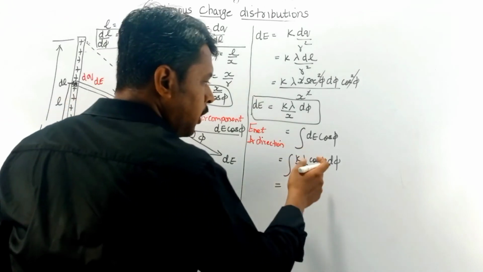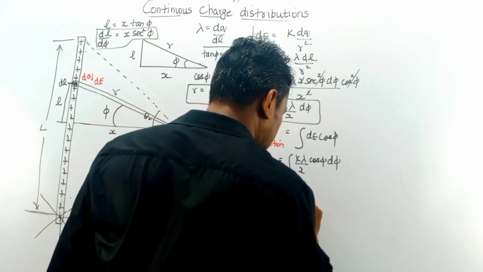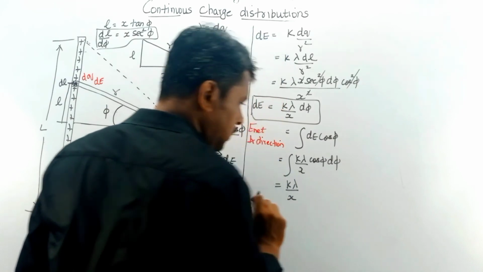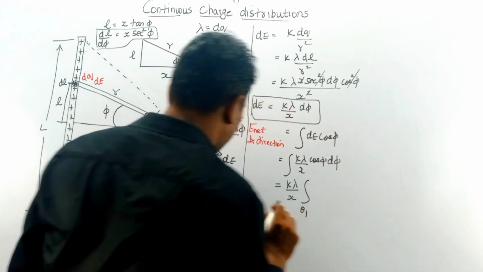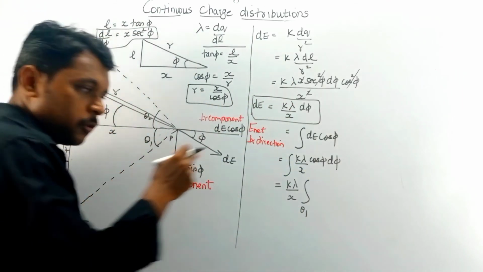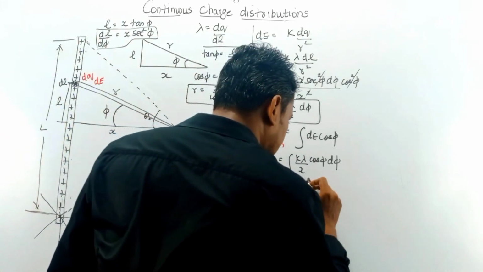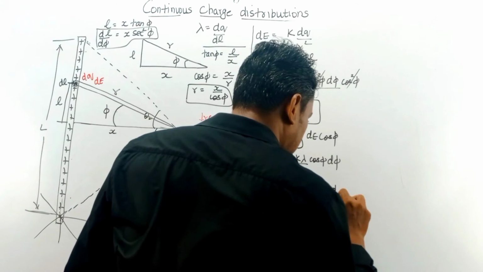You know phi varies from theta 1 to theta 2. Let us take k lambda by x as common, since these are constant terms. Here the integration limits: theta 1 is minus because it comes below the x-axis, so it is minus theta 1 to theta 2, of cos phi d phi.